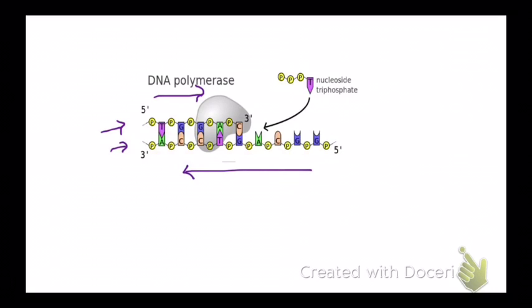When DNA is being synthesized, and this can happen in a cell or in a PCR reaction, the enzyme DNA polymerase, which is shown in gray here, this molecule that's sort of fitting around the DNA, will join at that 3' end, and that's what we've already been talking about.